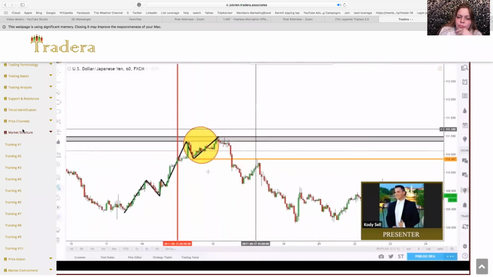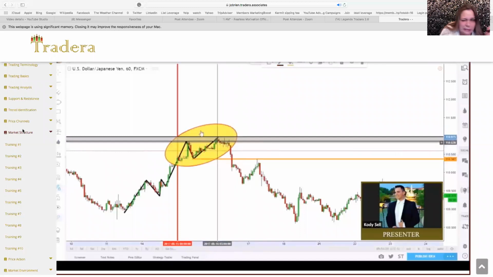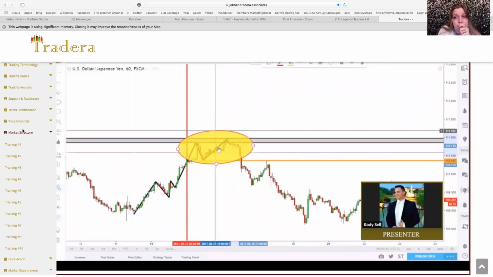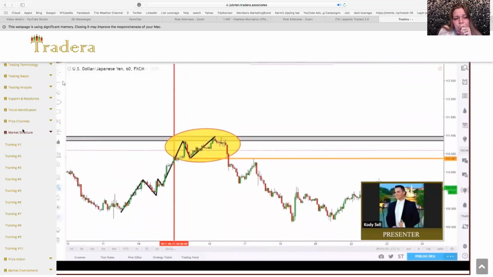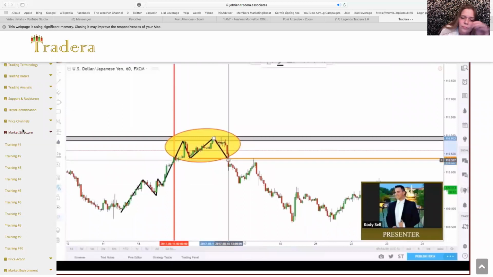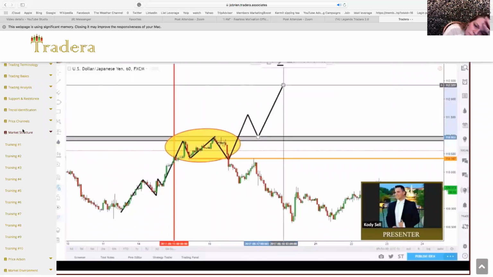Okay, so coming up to the level, price begins to reject. Guys, any sell trades in this area up here are risky because we are still in bullish structure. Price could very easily come down, bounce through, break, retest, and continue to the upside, in which case you will take a significant loss.